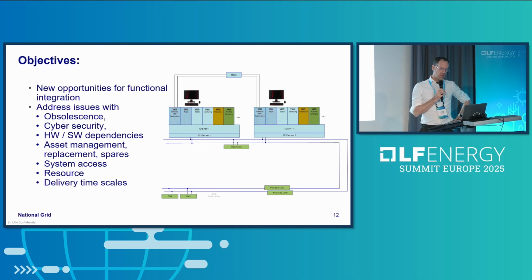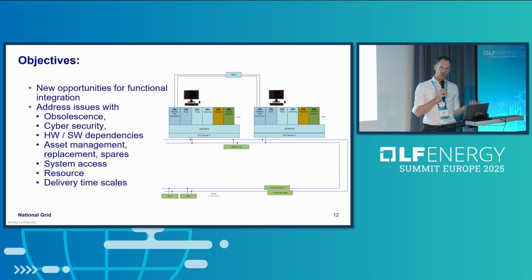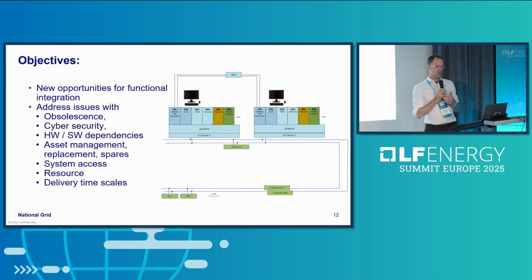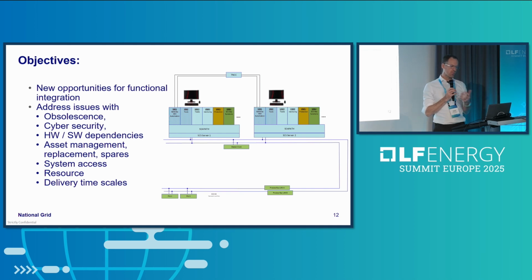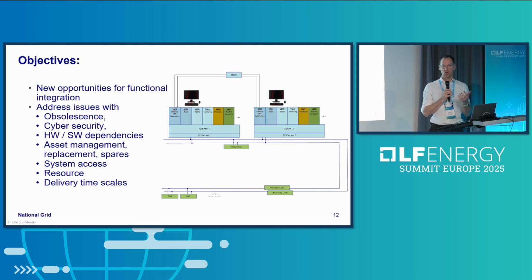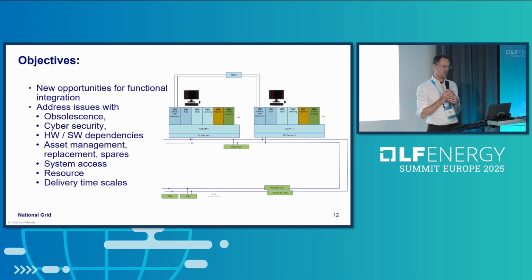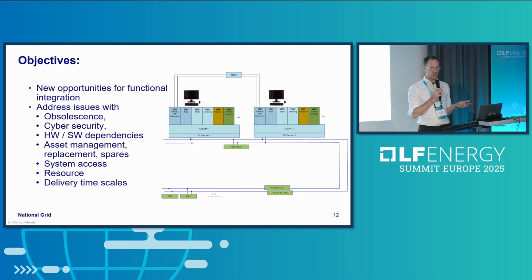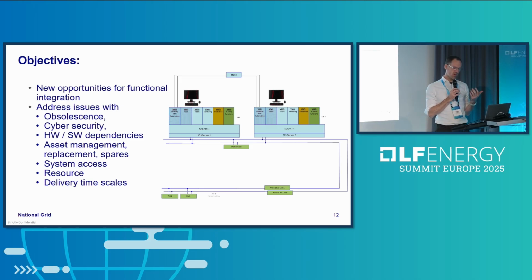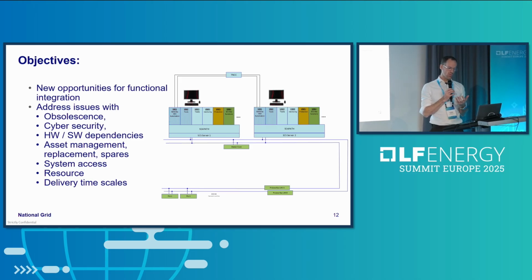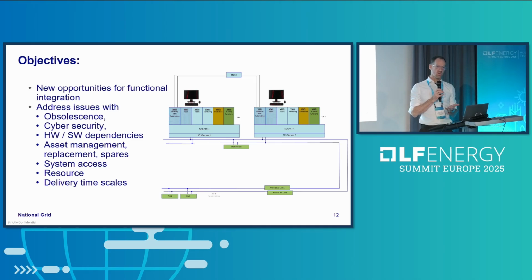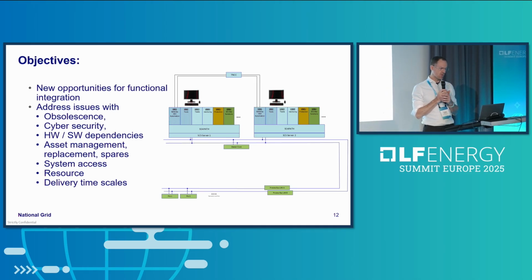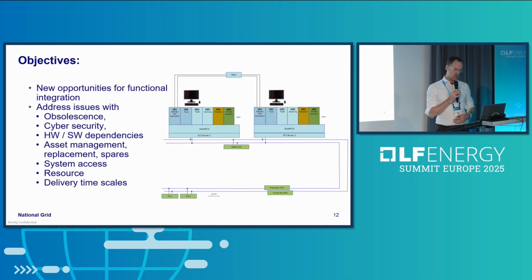We're trying to address obsolescence issues to move to that infrastructure as code kind of approach, address cybersecurity concerns, and break that hardware-software dependency. Our automation functions like automatic reactive switching or tap change controllers, the logic remains the same, and if we just keep the software, we can just swap out the hardware that delivers the function without retesting the software every time.